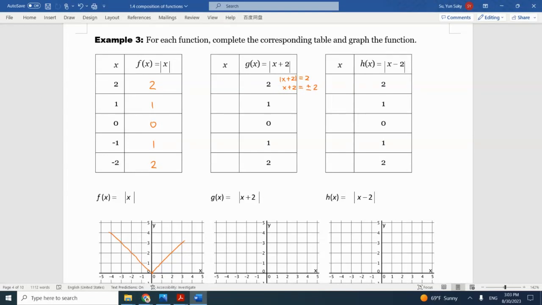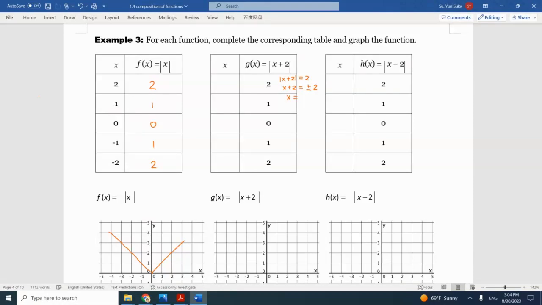Is that okay, everybody? Because positive 2 will give you 2. The negative 2 will also give you 2. So when you break the absolute value, you actually get plus or minus 2. And you solve for x. So you move the 2 to the other side. It's like you subtract 2 on both sides.